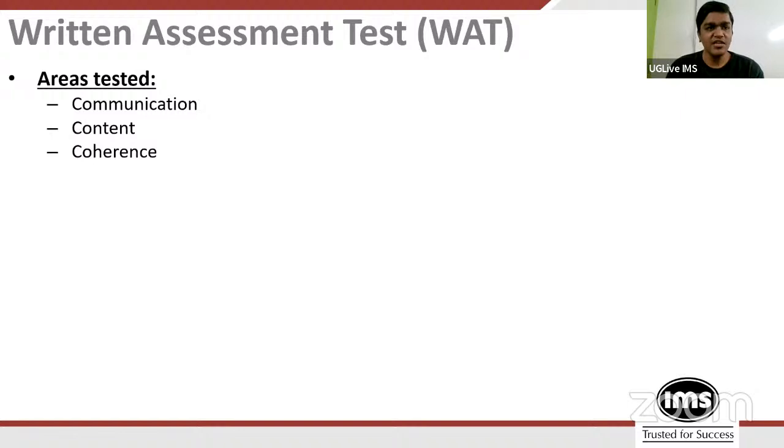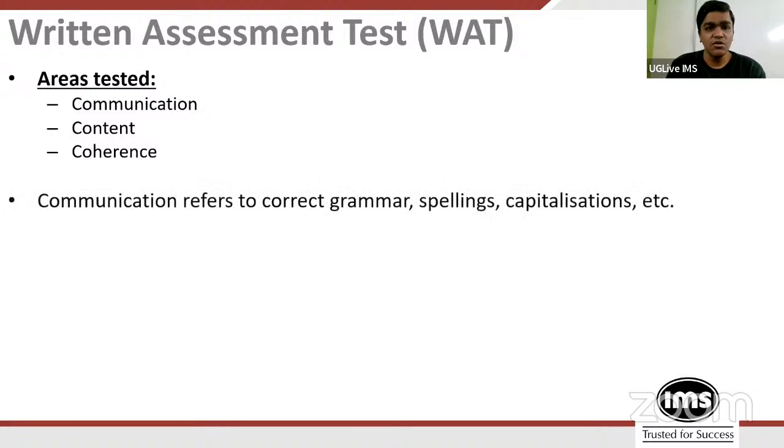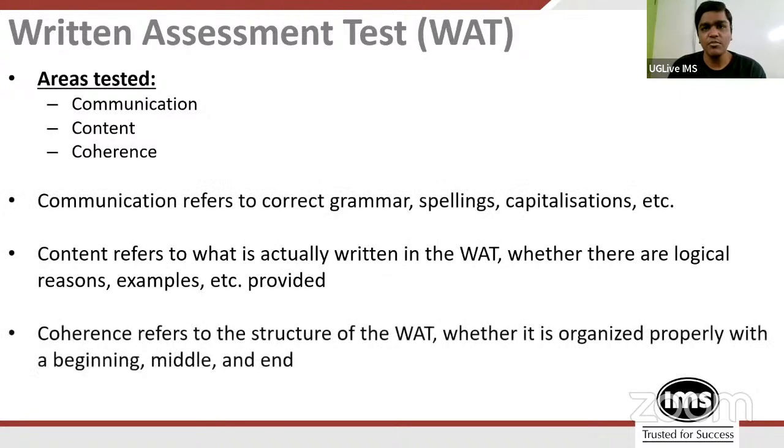You introduce the topic properly, you label your points firstly, secondly, and you write, in conclusion, I would like to say something like that. All of these things are what I mean by the 3 C's: your coherence, your communication, and your content. Since this video is live, you don't need to take screenshots.